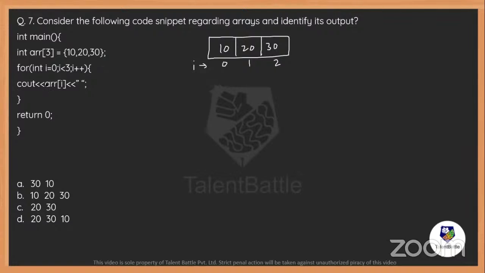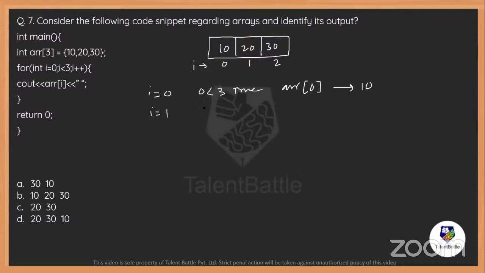Inside the loop, we print the element pointed to by array of i. When i is 0, the condition 0 less than 3 is true, so we execute the statement inside the loop, array of 0, which is 10. So 10 will be printed.